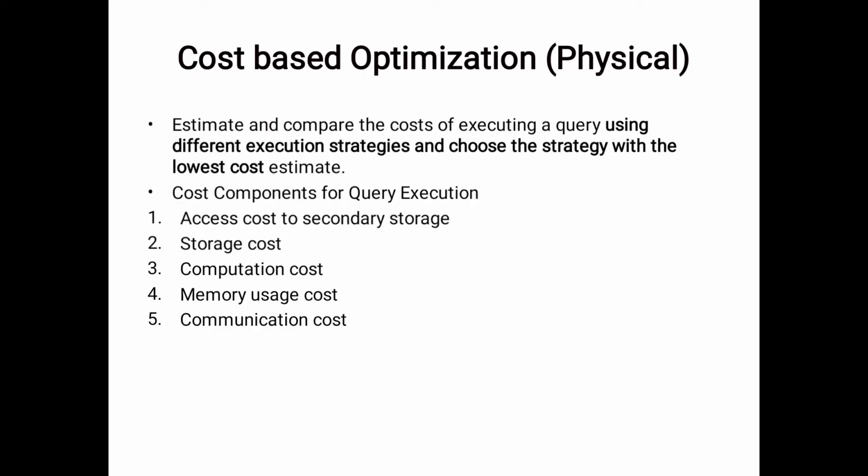The cost components for query execution are access cost to secondary storage, storage cost, computation cost, memory usage cost, and communication cost. With the help of these considerations, we evaluate different execution strategies and choose the strategy with the lowest cost estimate.